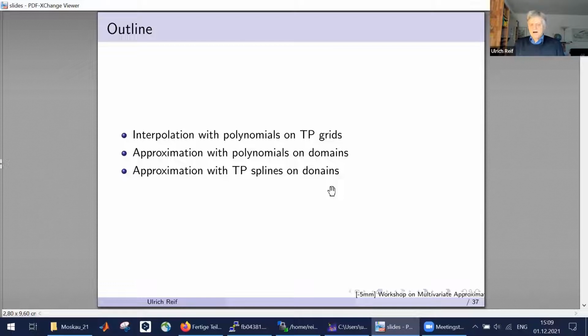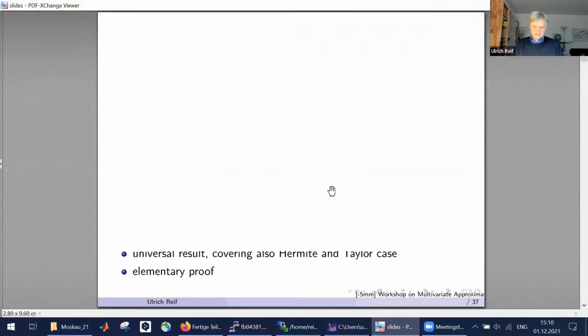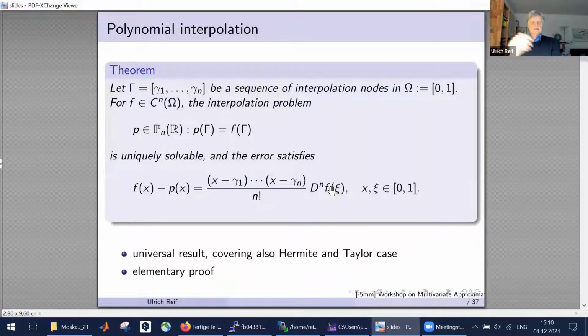In the second part, I will consider the problem how well you can approximate a given function on a subset of R^d, on some domain, now with polynomials not necessarily in tensor product spaces, but also in more general spaces. And finally, a few shorter remarks concerning tensor product splines on domains. Okay, so let's get started with a very simple result.